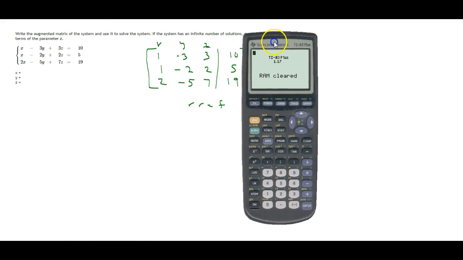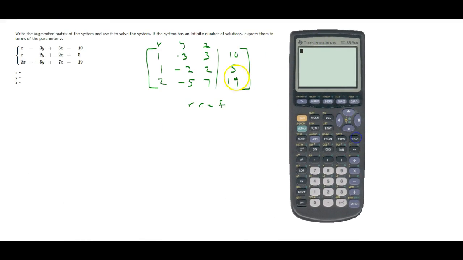my TI-83. And we're going to put this augmented matrix into our calculator. So I'll go second, matrix. We will scroll over to edit, enter, putting it in at matrix A. This is a 3 by 4. And we'll just enter our coefficients here into each spot.